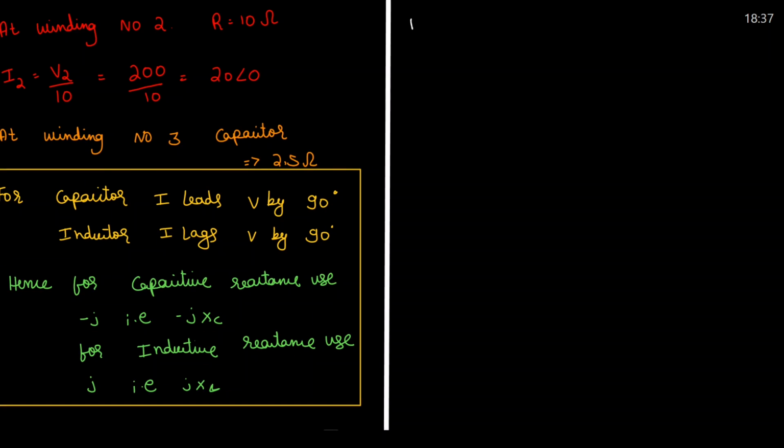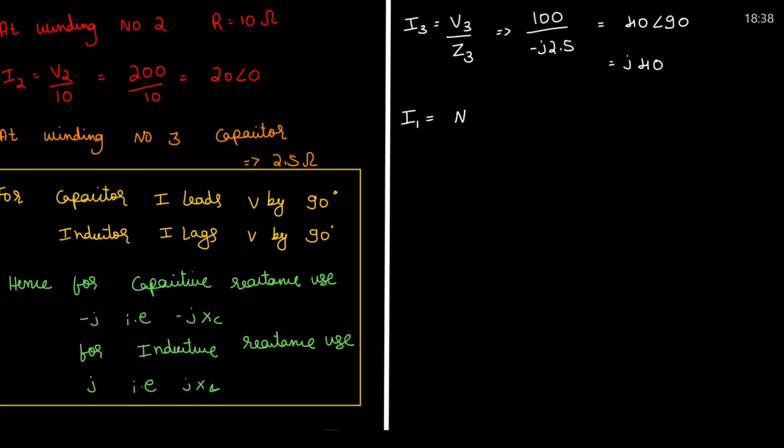Using this concept we can find the value of I3, which is V3 divided by Z3, and this Z3 is minus J2.5. So I3 is 40 angle 90 or J40. Here we have to remember that when minus J goes from the denominator to the numerator, its sign is reversed.